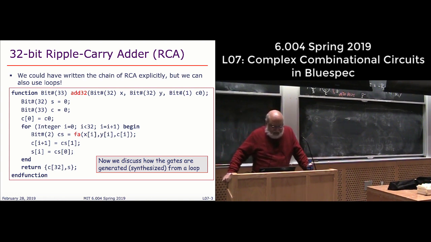Very good. And then we are saying that Ci plus 1 equals CS of 1. CS has 2 bits in it, remember? Whenever you do full adder, it produces a sum bit and a carry bit. So the 0th bit in it is the sum bit, which will go in the ith: Si is CS0, and the CS1 bit is the carry bit for the next stage, which I have put into the carry bit.